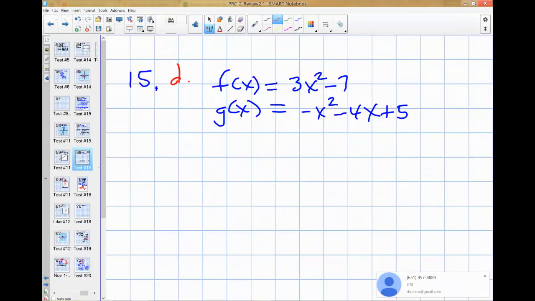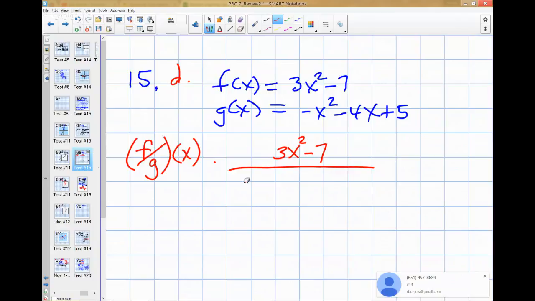Okay, so what does part D say? Find F divided by G, so find F slash G of X. So that's just this guy over this guy. We start off just by putting one thing over the other.